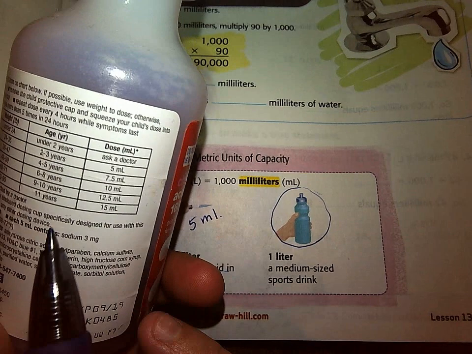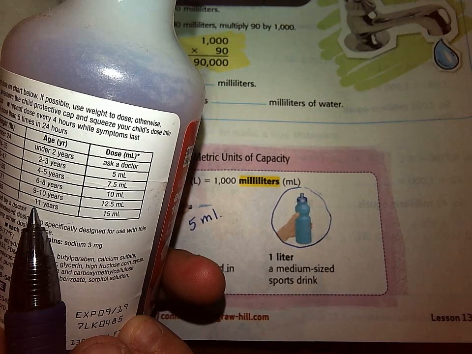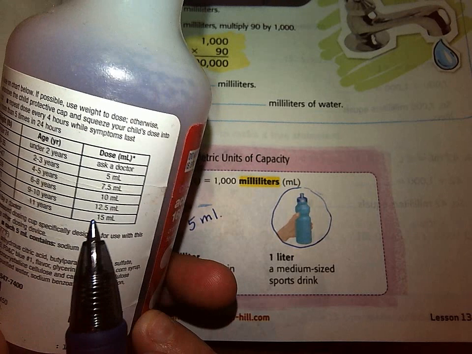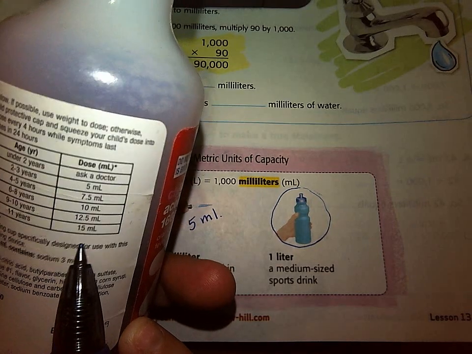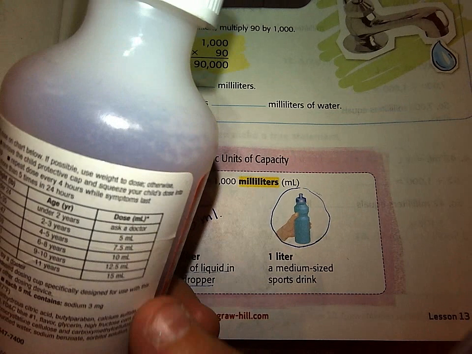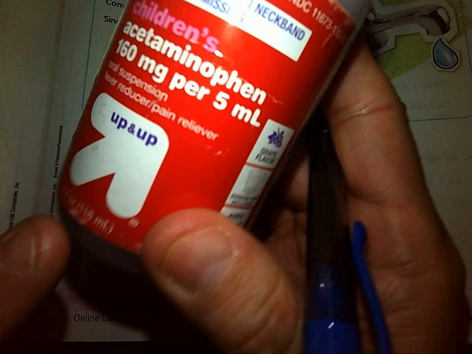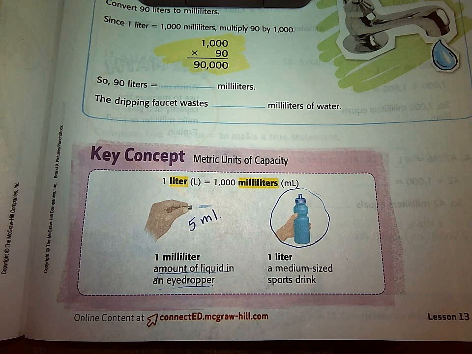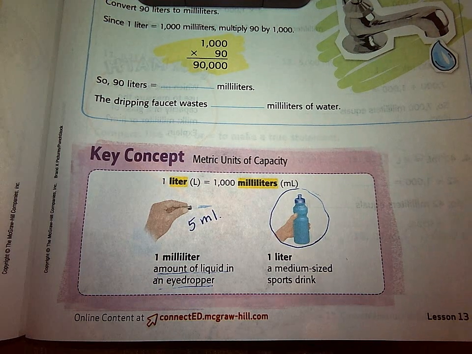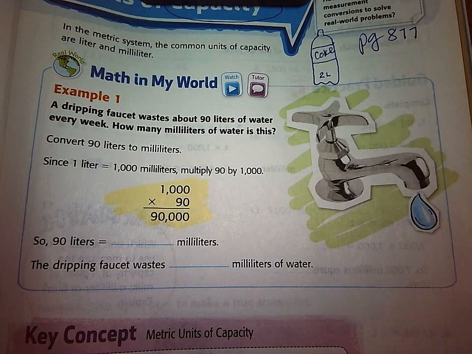If you're my students' age, 11 years old, or some of you 10, it's either 12.5 milliliters or 15 milliliters. So it's important that we know how to convert things. This whole bottle is 118 milliliters, or 4 ounces. I just wanted to show you that we do use the metric system even in our real lives.